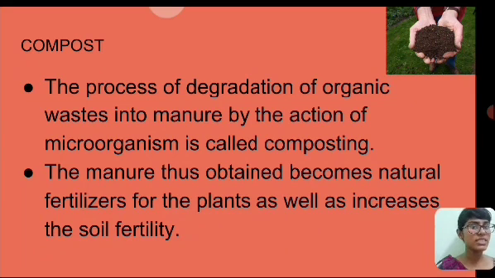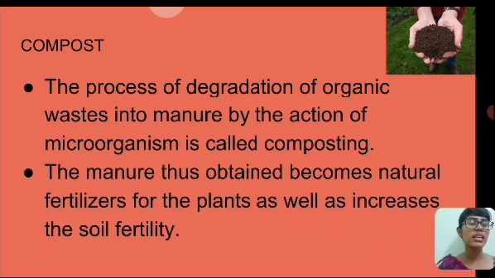Now we see about compost. What is compost? The process of degradation of organic waste into manure by the action of microorganisms is called composting. The manure thus obtained becomes natural fertilizer for the plants as well as increases soil fertility.